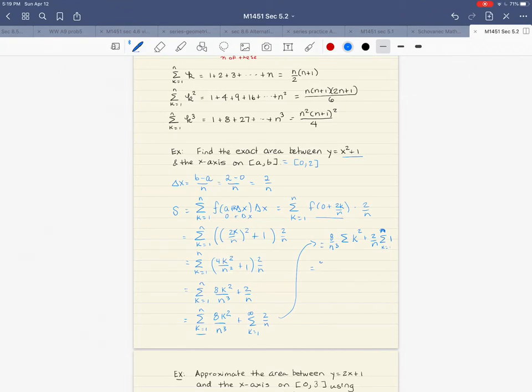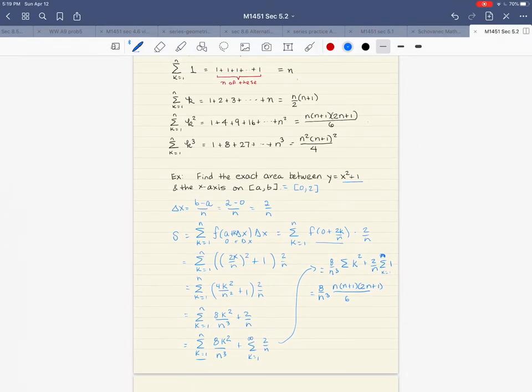Okay, now I'm going to go up there and grab the formula for the sum of the k squareds. The sum of the k squareds looked like n plus 1, 2n plus 1, all over 6. And the sum of 1 added together n times was just going to be n. So then I have plus this 2 over n times n.